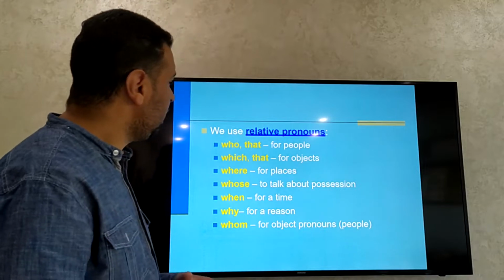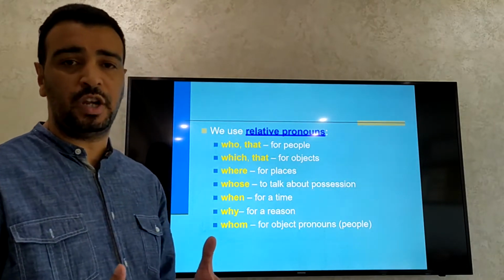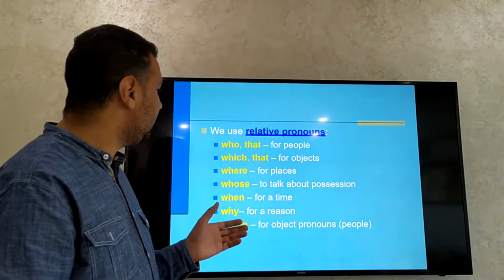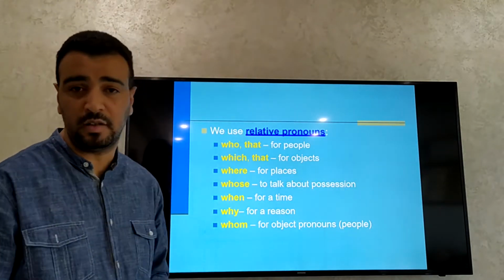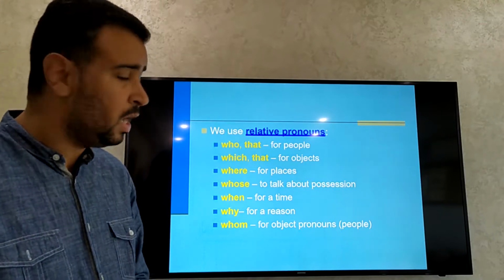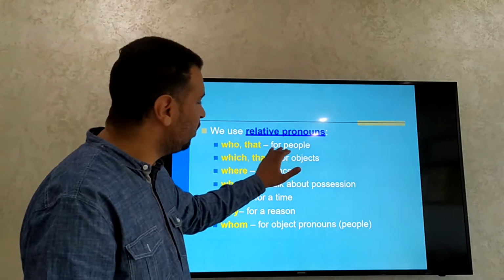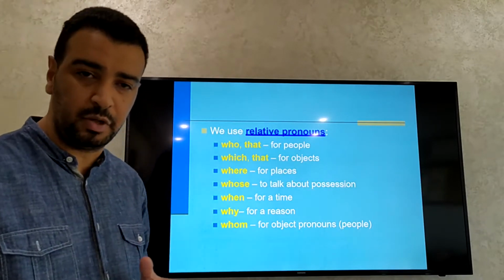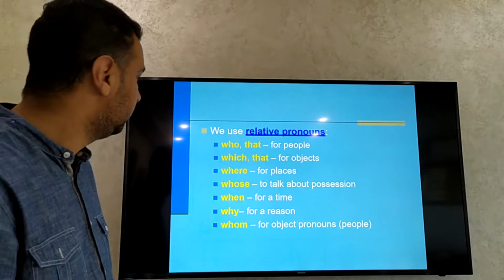Now, what are the relative pronouns used to combine or to join the clauses together? First one is who. Alternatively, we can also use that for people. And right here, which kind of people? I'd like to specify that we're talking about subject people, people who perform the action.